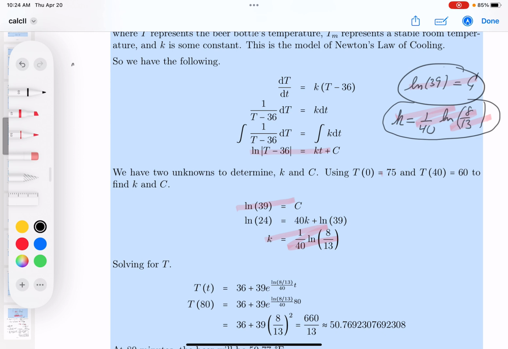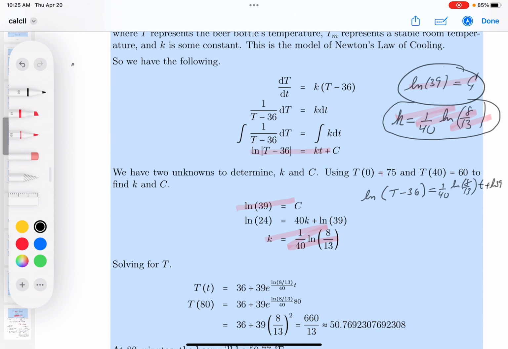So I'm going to write natural log, and then I'm going to put T. That's the temperature of the beer at time T, by the way. Minus 36 is equal to K. K is 1/40th. And that's going to be natural log of 8/13, T plus natural log of 39.